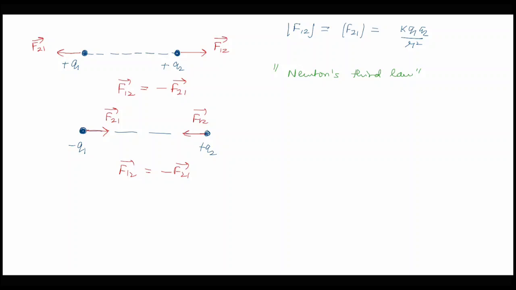The next thing that we are going to discuss is the applicability of Coulomb's law. In the first point, we say that Coulomb's law is valid only for point charges.